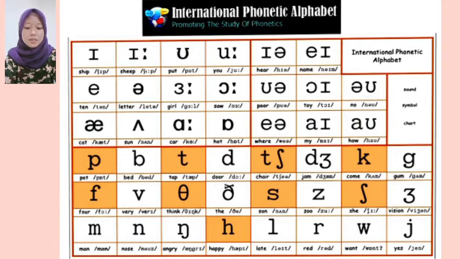The next is er. The example is curl. And the next is aw. The example is saw. The next one is a. The example is cat.